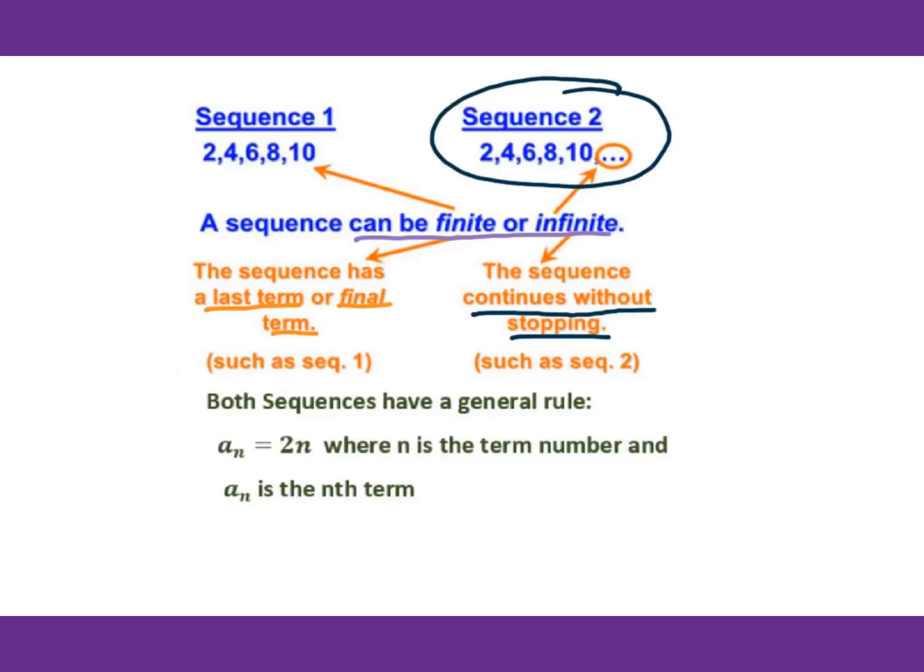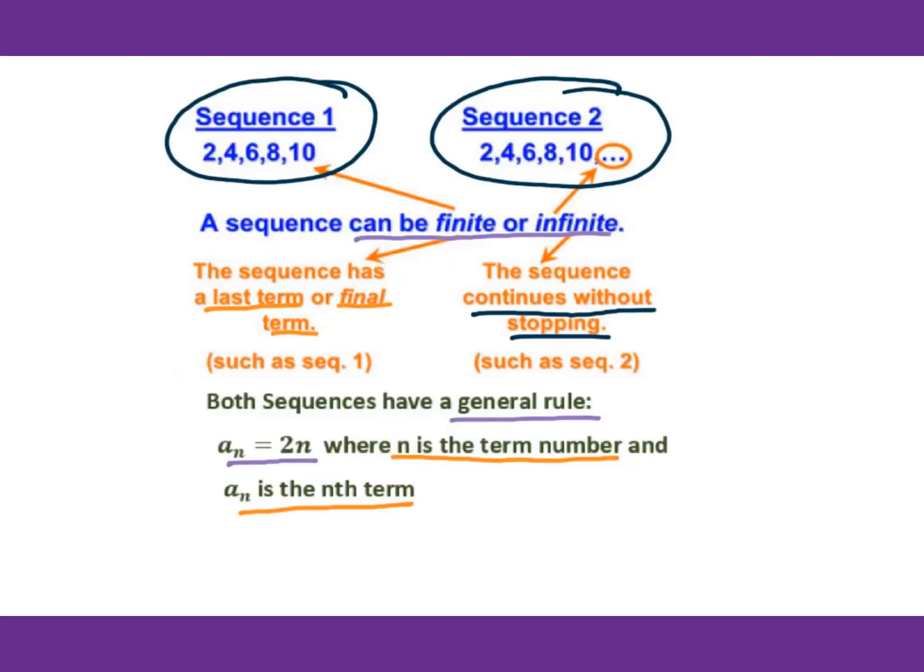Like this one is an infinite sequence, and sequence 1 is a finite sequence. Both sequences have a general rule, a sub n equals 2n, where n is the term number and a sub n is the nth term.